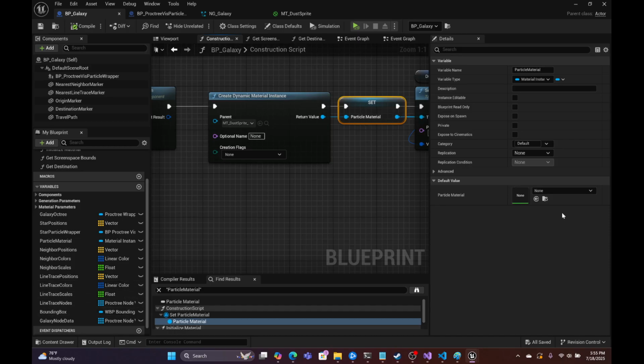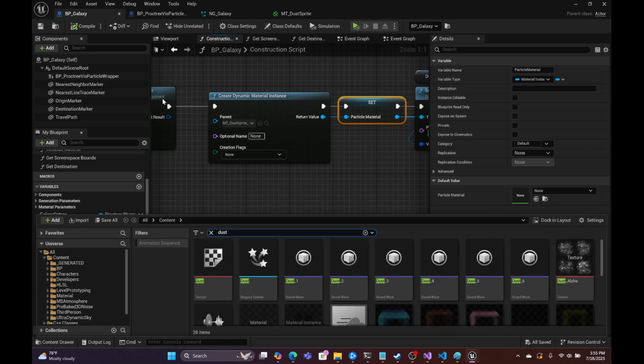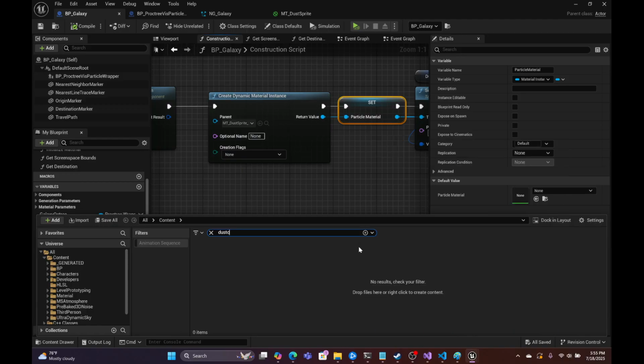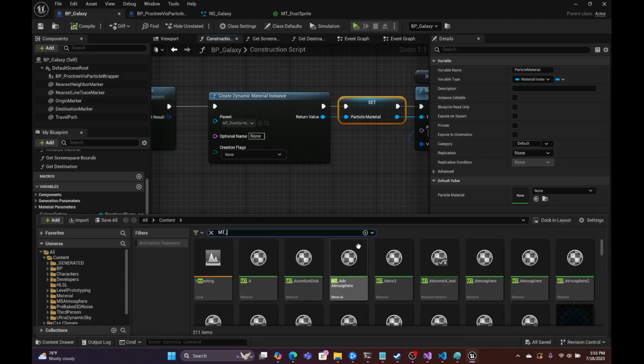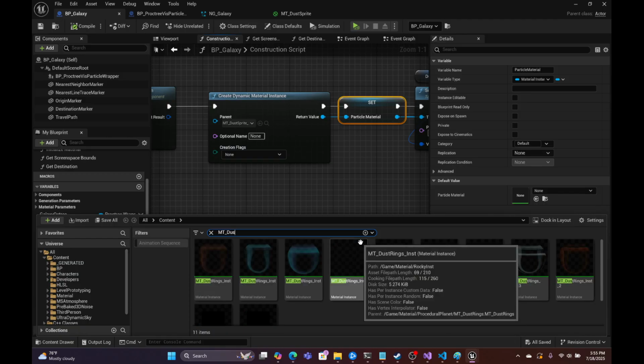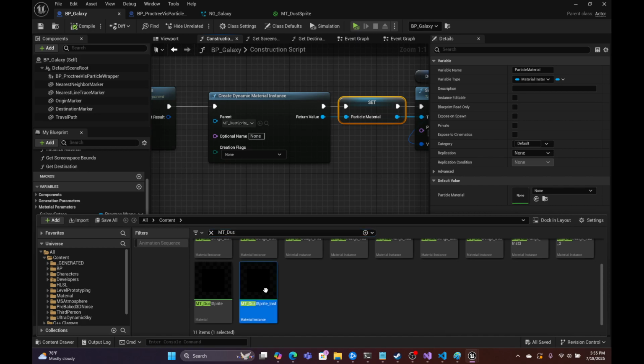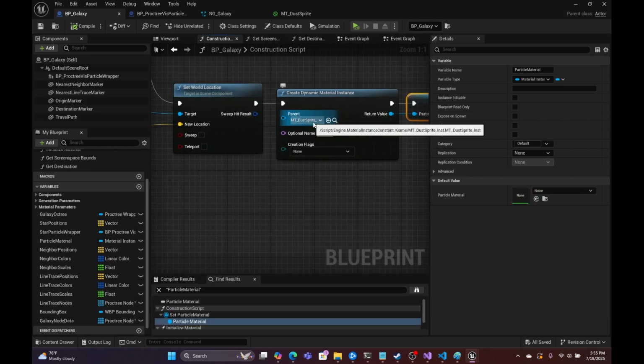But particle material is not set to anything, so that's a problem. So it's dust, dust. Okay, it is that.